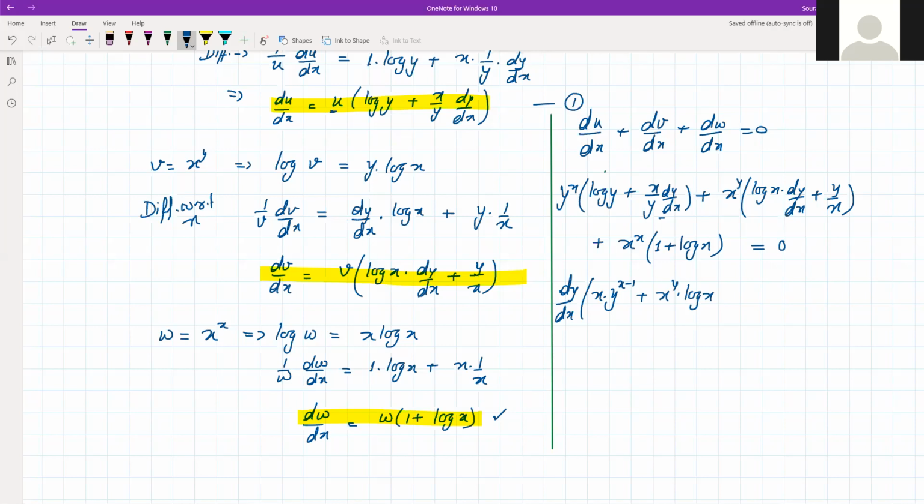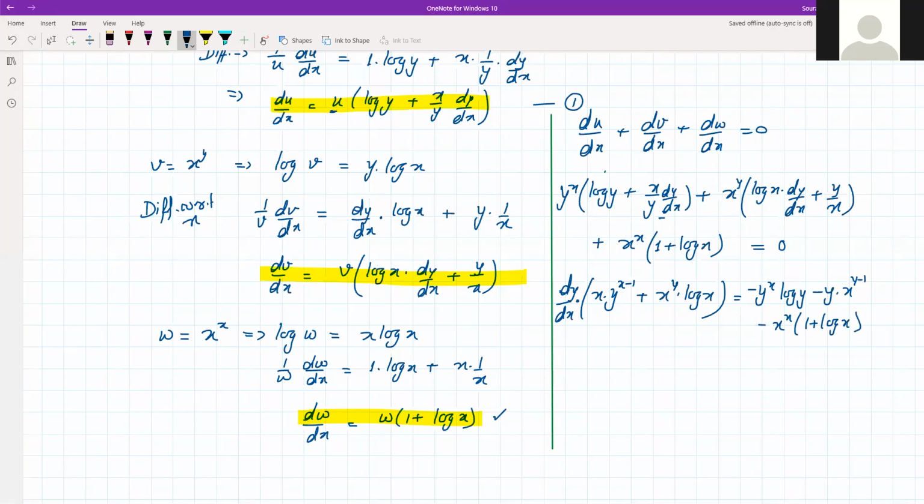So this is dy by dx into this, and the terms which do not have dy by dx we can bring to the left hand side, so those terms will be minus y to the power x log y, minus y into x to the power y minus 1, and minus x to the power x, directly we can write 1 plus log x.